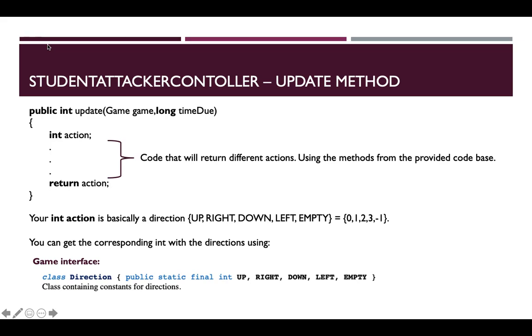You also have the shutdown and the initialize, but those are optional implementations, depending on how you want to implement this whole thing. So talking specifically about the update method, the update method returns an integer, and this integer is called action.